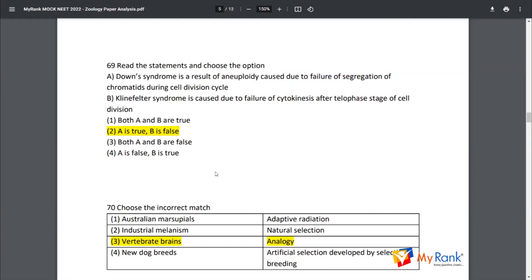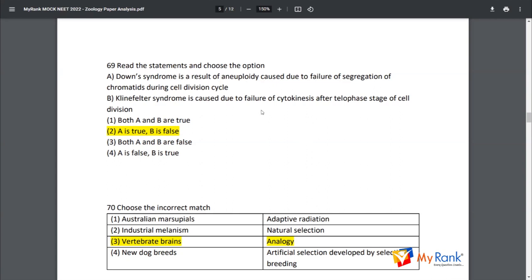Now, statement B states that Klinefelter syndrome is caused by the failure of cytokinesis after telophase stage of cell division. Now, this is a wrong statement because in Klinefelter syndrome, we have XXY condition. So again, we have a failure of disjunction of chromatids during cell division.